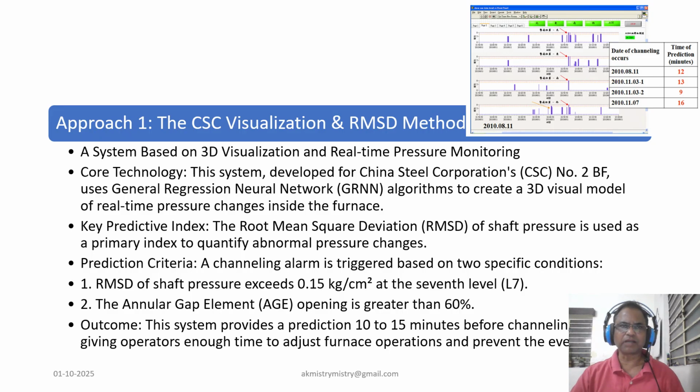One is RMSD of shaft pressure exceeding 0.15 kg per centimeter square at the 7th level, and second, the annular gap element opening is greater than 60%. This results in the system providing a prediction 10 to 15 minutes before channeling occurs, giving operators enough time to adjust the furnace operation and prevent the event.